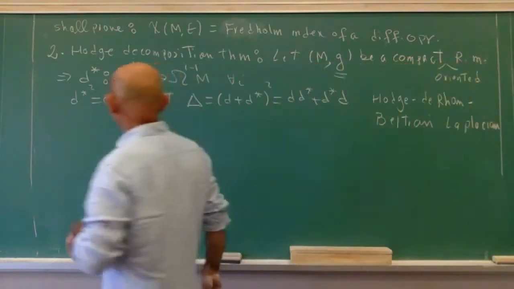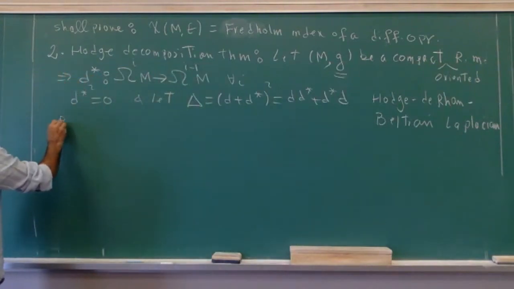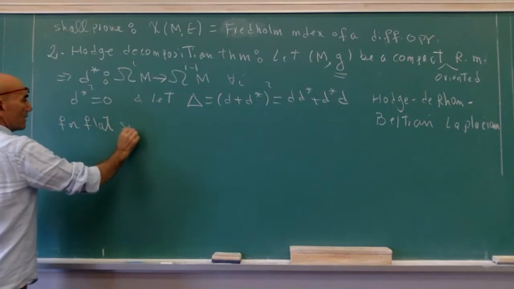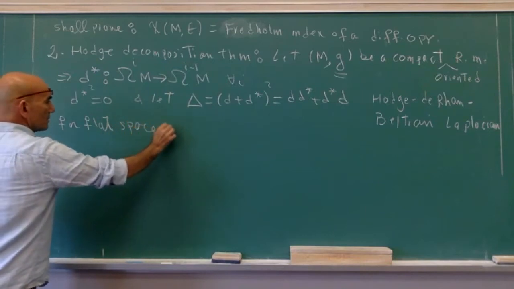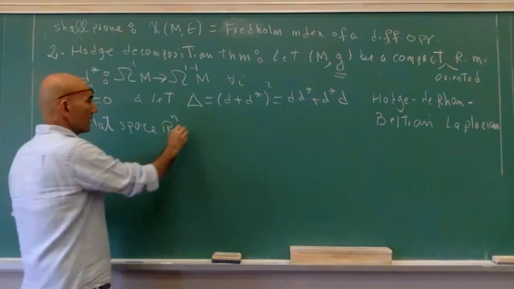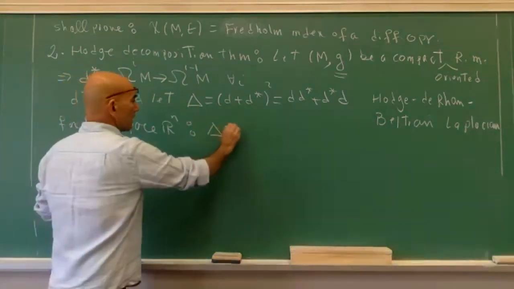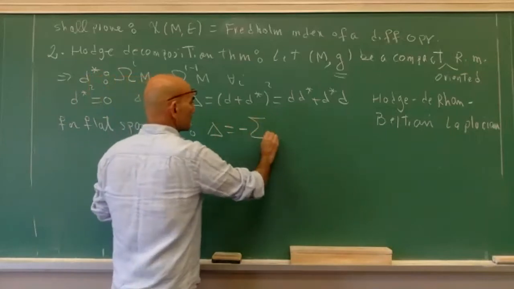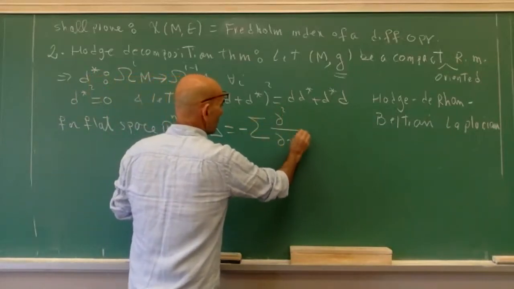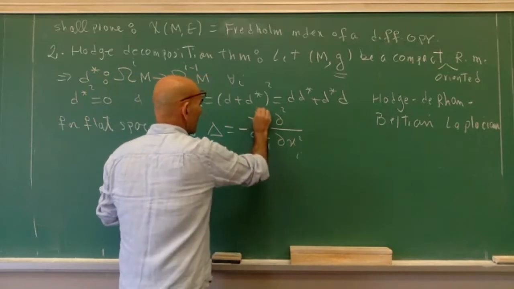So for flat space, with standard orientation and standard Euclidean metric, this delta turns out to be equal to minus the sum of d squared over dx_i squared. There's a minus sign.